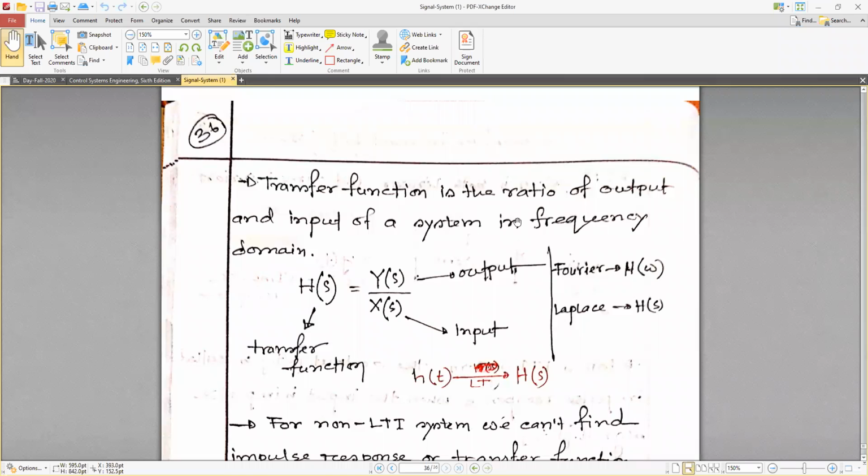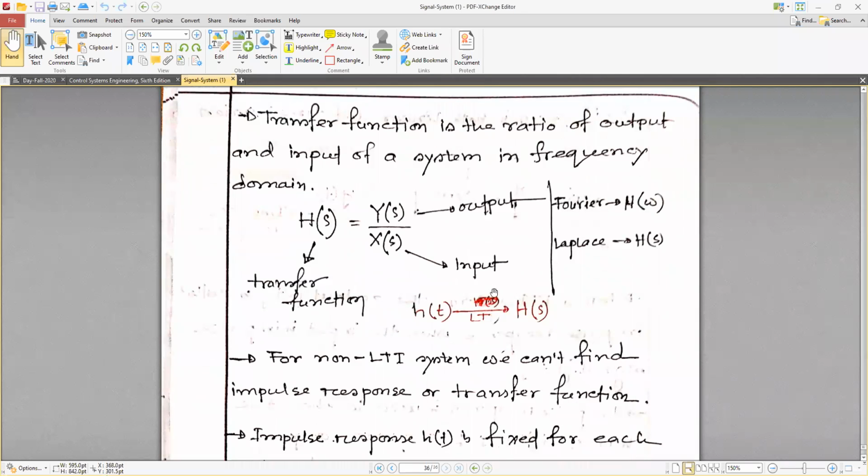That is the transfer function, output by input. If we go to the Fourier, then it would be H(omega). If we go to the Laplace, then it would be H(s).